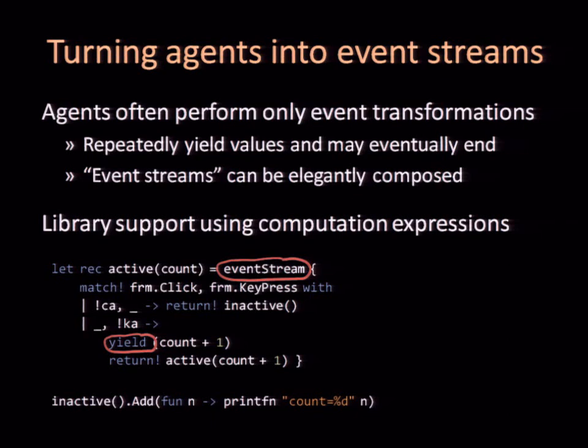And yield means trigger the returned event. So in this case, we have, again, the counting agent. But instead of doing some imperative thing, it would trigger the returned event stream every time the count changes.